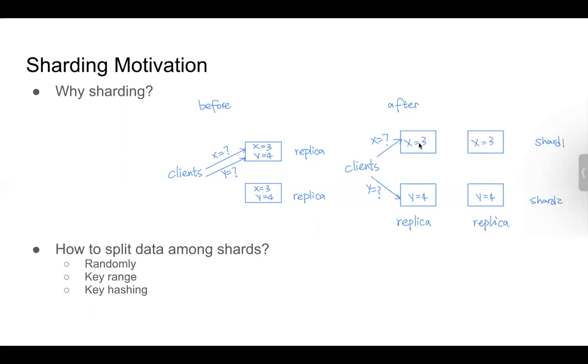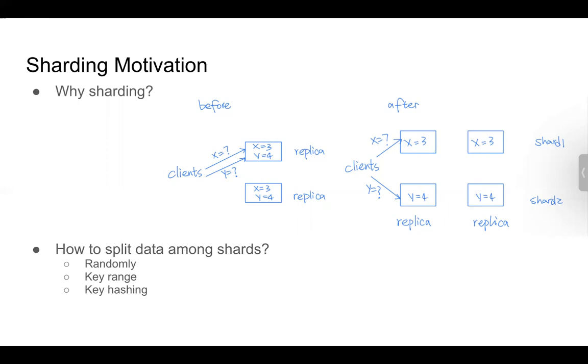However, if we split the data across the two replicas and also keep copies, we will increase the throughput, because the client can talk to this replica for X and this replica for the value of Y. So to increase throughput, this is why we want sharding.